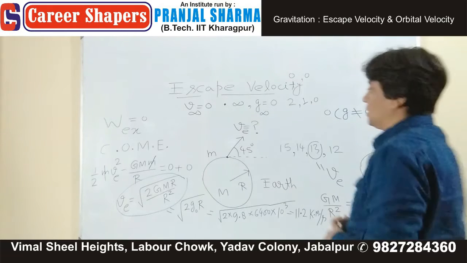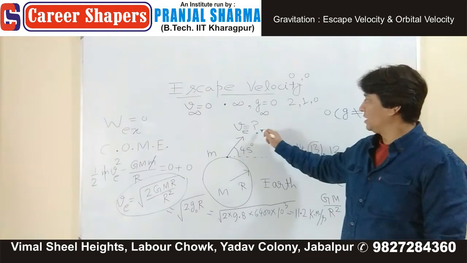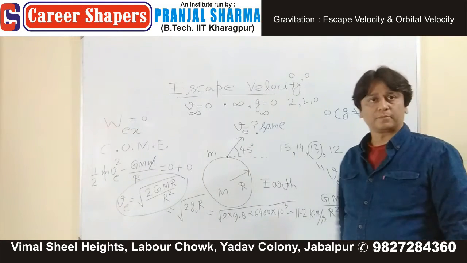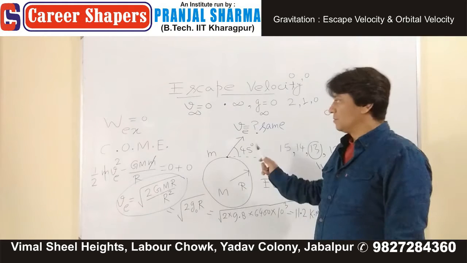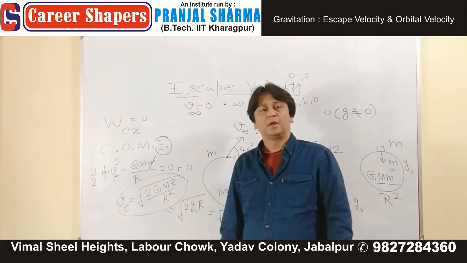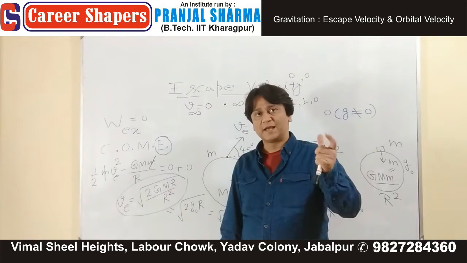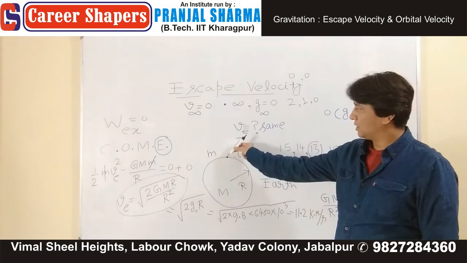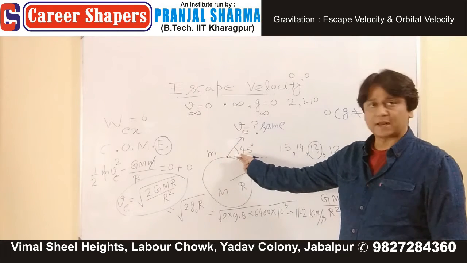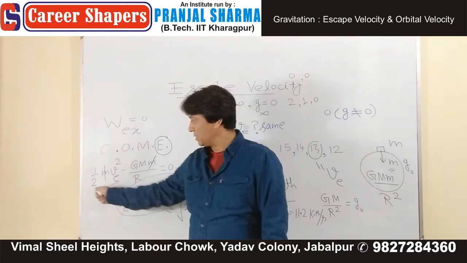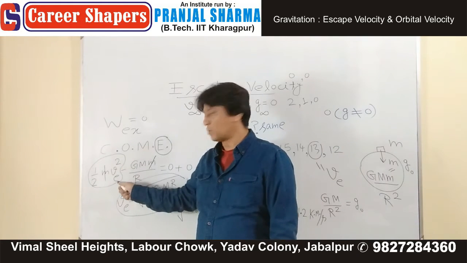Good. Your answer is that your V still remains the same. Why? Because this is E, energy, and energy is a scalar quantity. If you throw this object up or in this direction or in any direction, its kinetic energy will be half mv square.